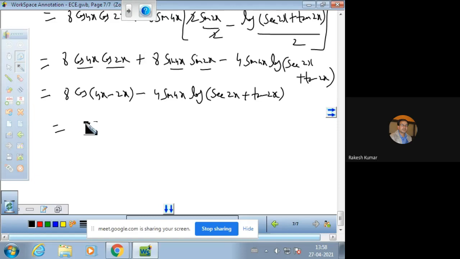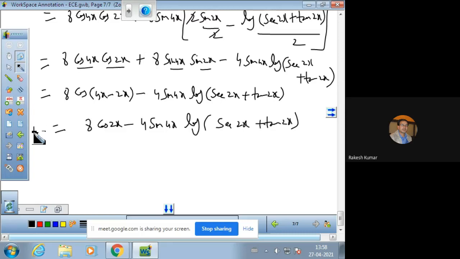So 8 cos of 4x minus 2x will be cos of 2x, minus 4 sine 4x log of secant 2x plus tangent 2x. So this is the value of your particular integral. Now you can find out the complete solution.